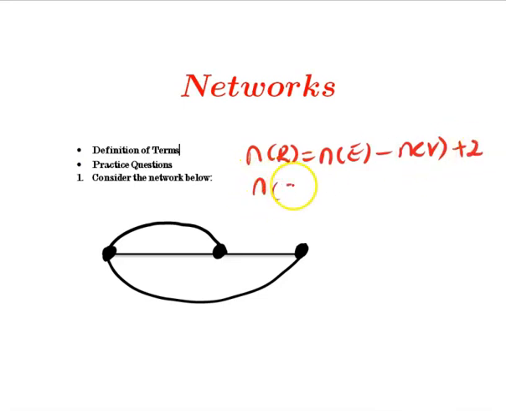The number of closed regions will be the number of edges minus the number of vertices plus 1.